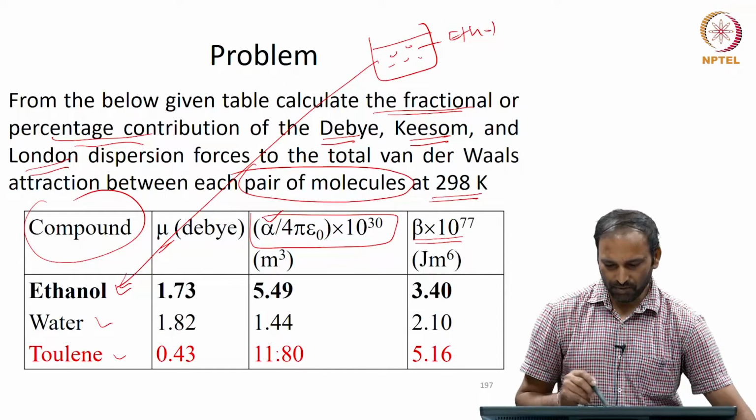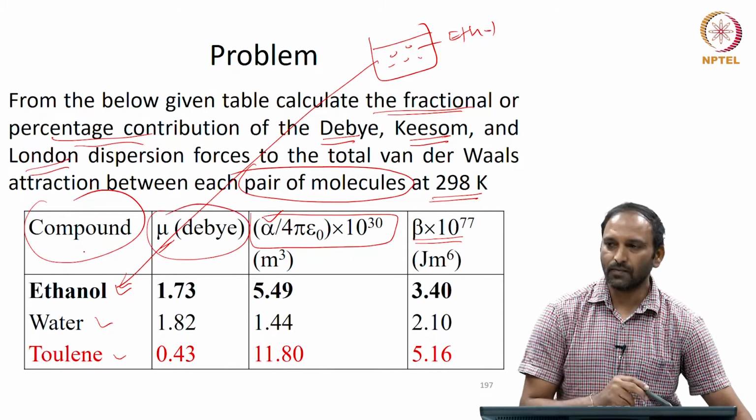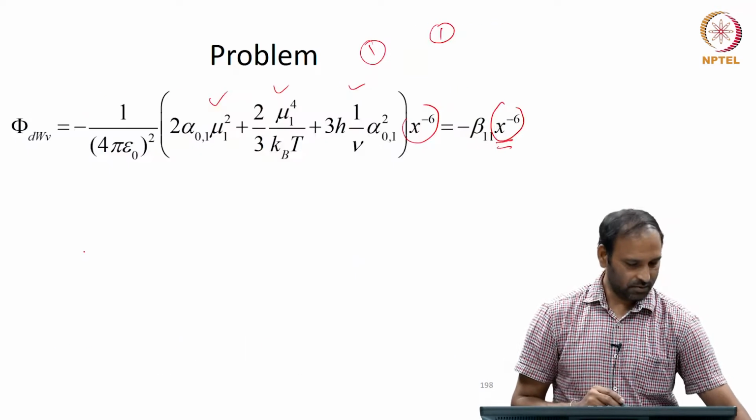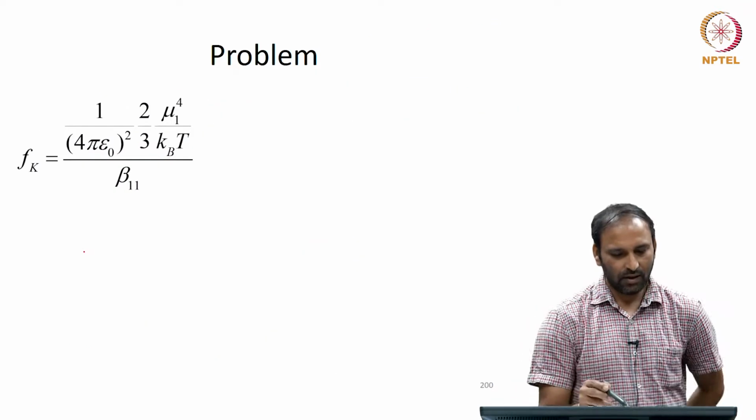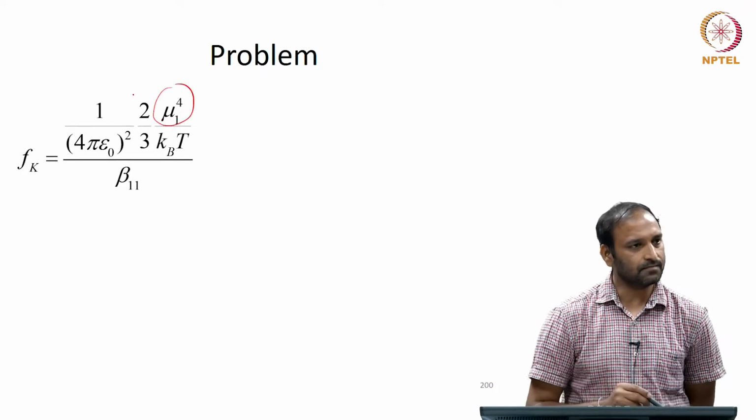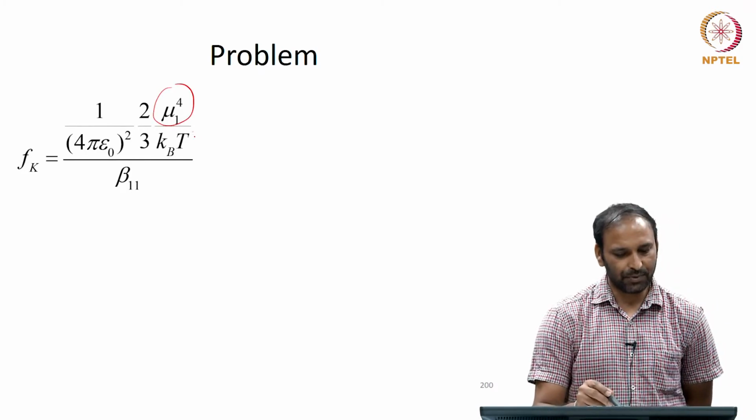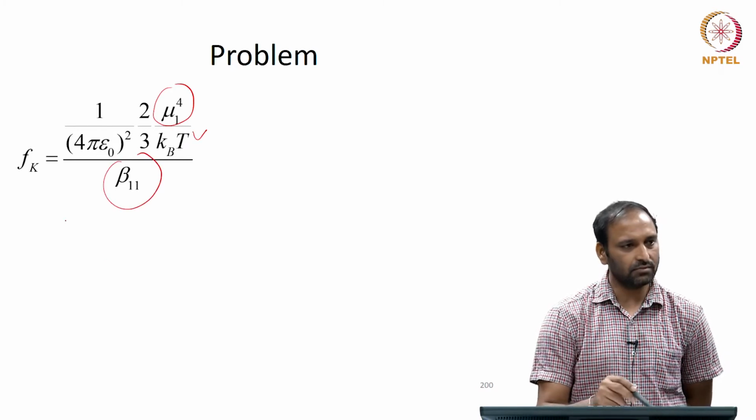So, if you go back to the problem, I have been given mu, the dipole moment, the temperature, and beta.